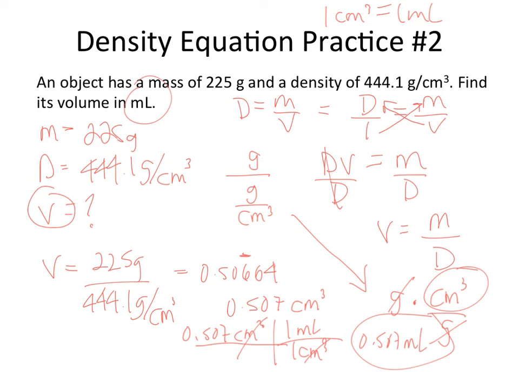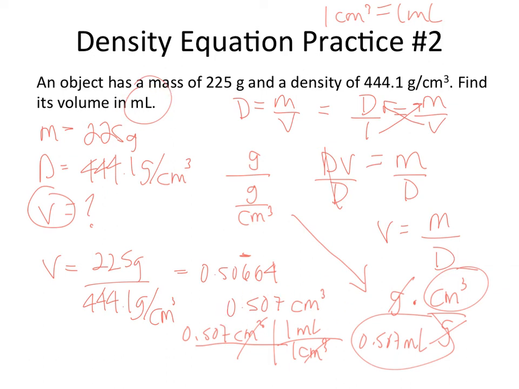And then, of course, we do our unit evaluations. In this case, it's grams divided by grams per centimeter cubed. Dividing by something is the same as multiplying by its reciprocal, which is what we have shown right here. Grams and grams cancel. Centimeters cubed are left over. That is our volumetric measurement that we desire.